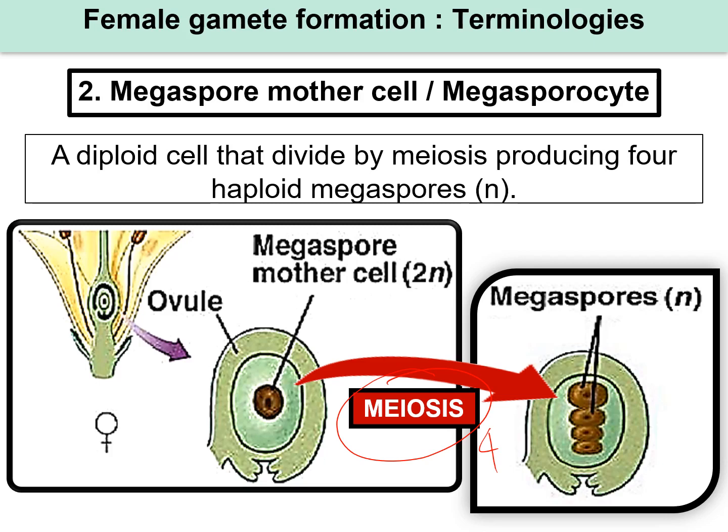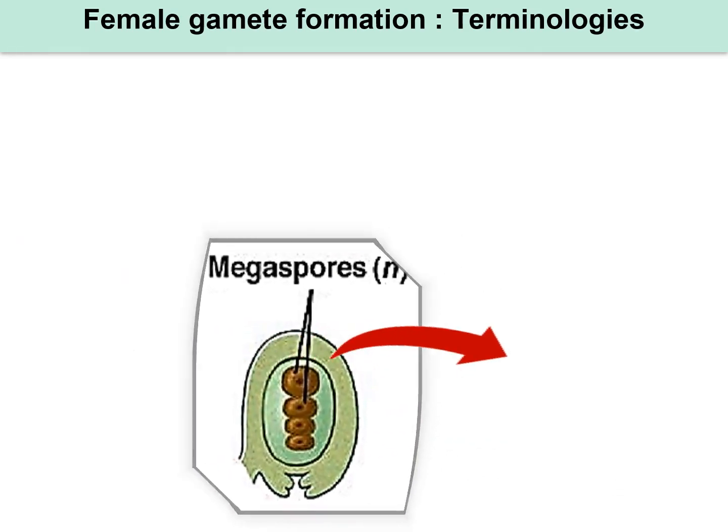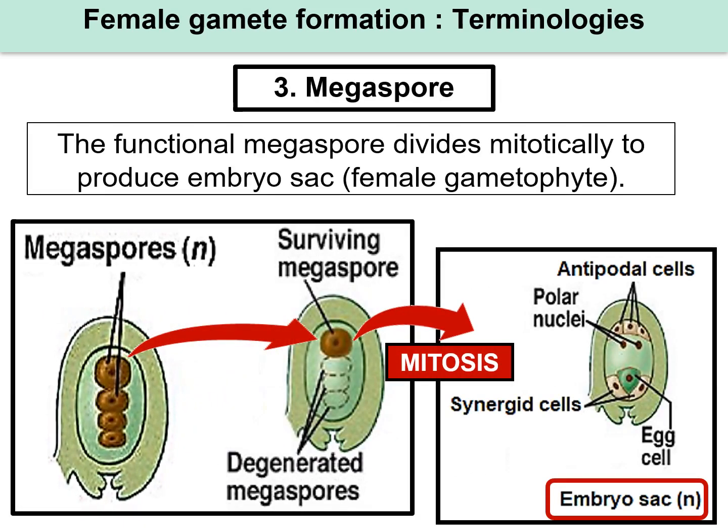So the megaspore mother cell undergoes meiosis and produces 4 megaspores. So only 1 megaspore will survive and undergo mitosis. So the third terminology for female gamete formation is megaspore.